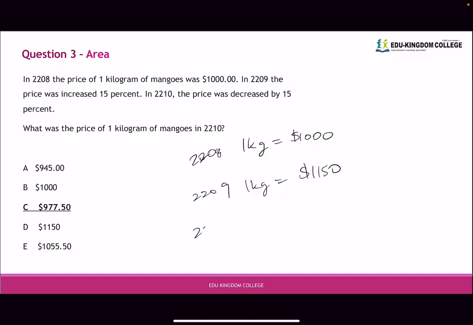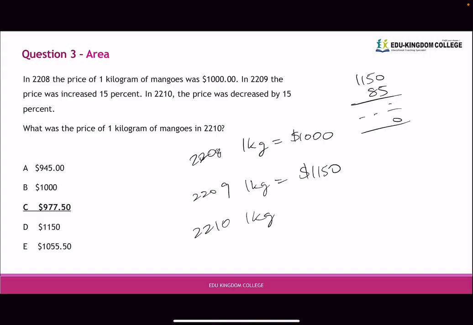Now, in 2210, 1 kilogram decreases by 15%. So now it's only 85% of what it used to be. Remember, don't calculate the discount first and then subtract it. Calculate what the final percentage is. That's 85%. So what's 1150 times 85?